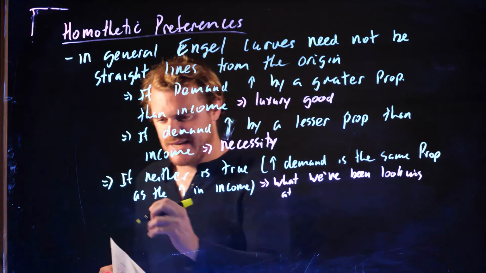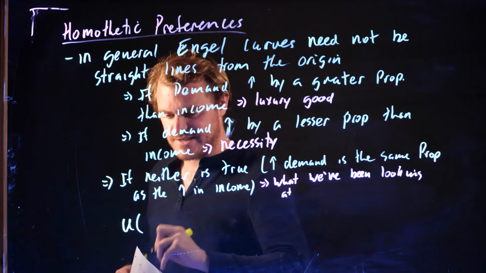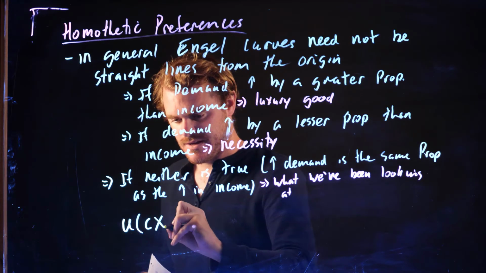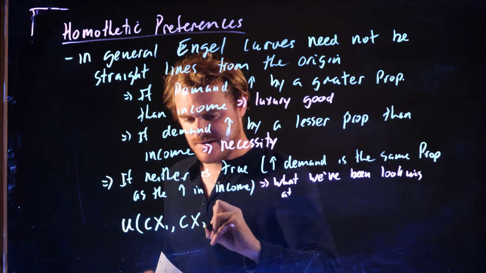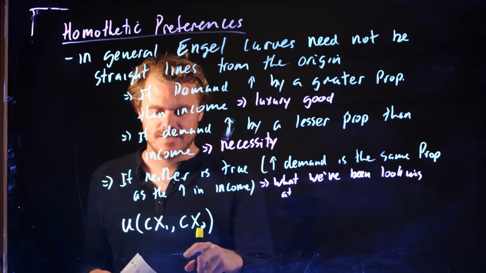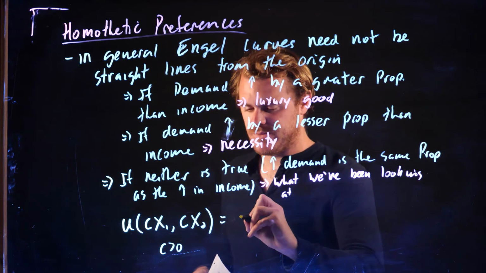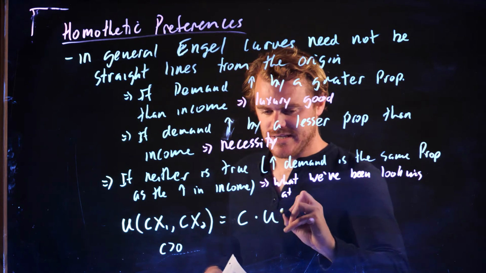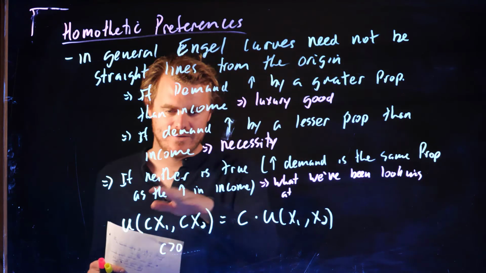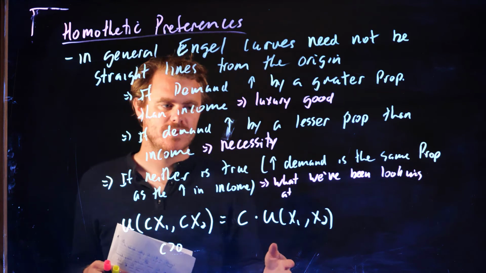And so essentially, if we multiplied the amount of each good by some constant C, for C greater than 0, this would be equal to C times the utility of x1, x2. So this is what homothetic preferences in general, those utility functions, look like.